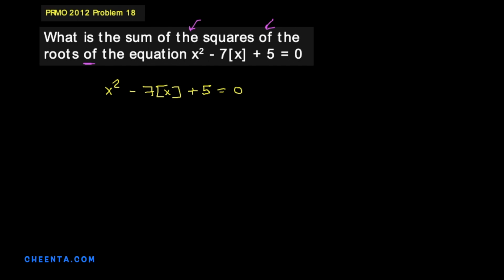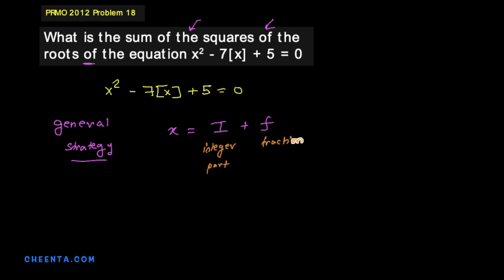In fact, a general strategy, and this is something that you will use even in other problems involving box of x, is to write x as the sum of the integer part and the fraction part.